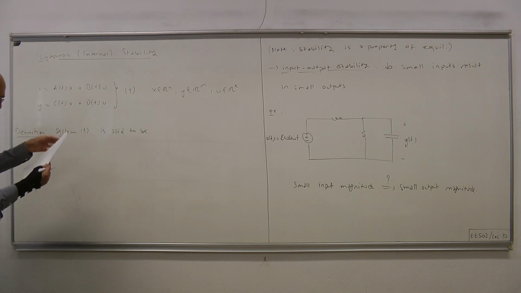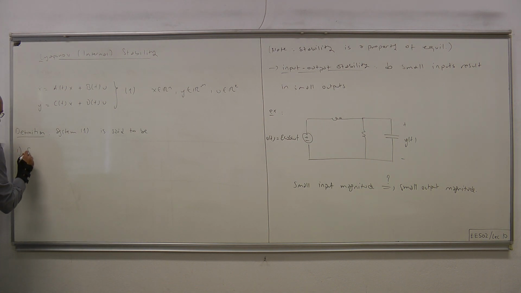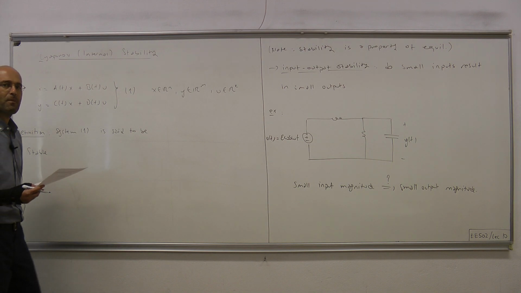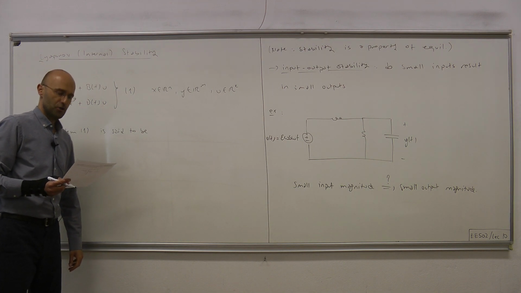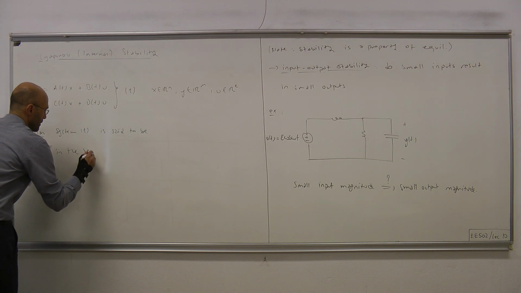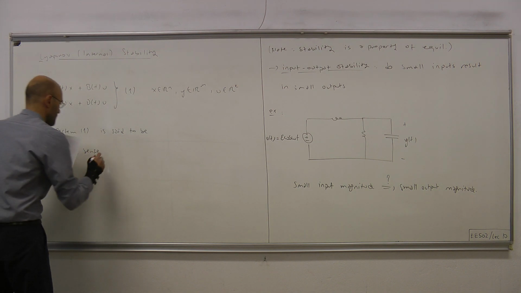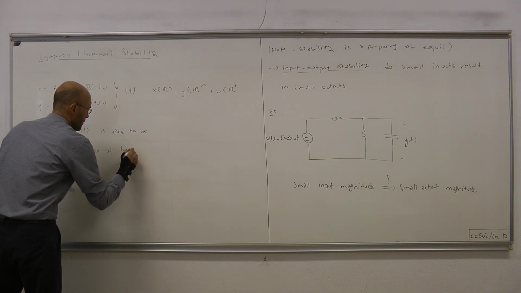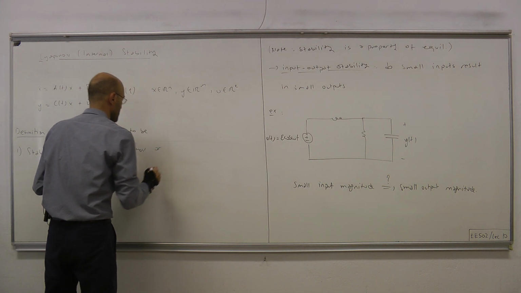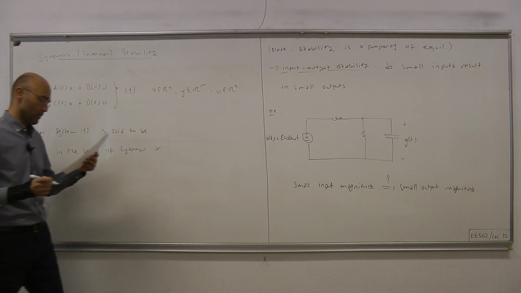System 1 is said to be, one, stable, if the solutions stay bounded for all initial conditions. Okay, stable in the sense of Lyapunov, or sometimes called internally stable.